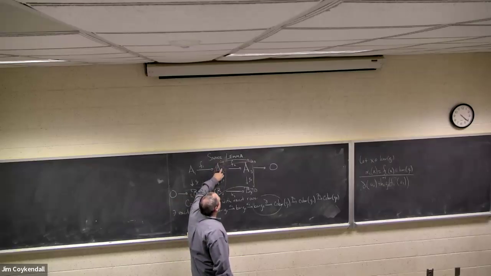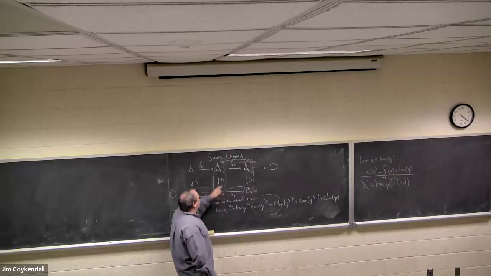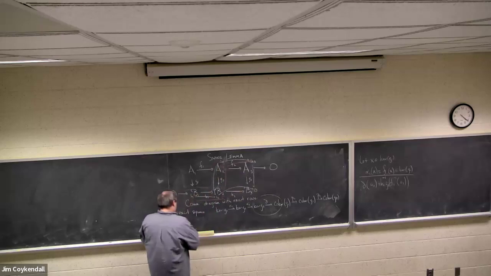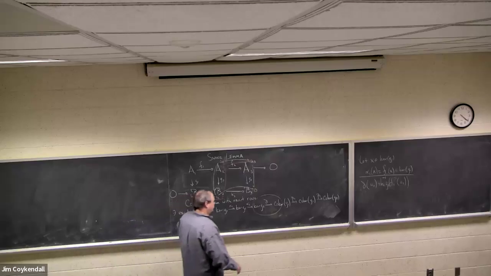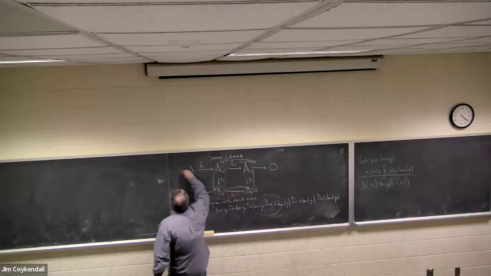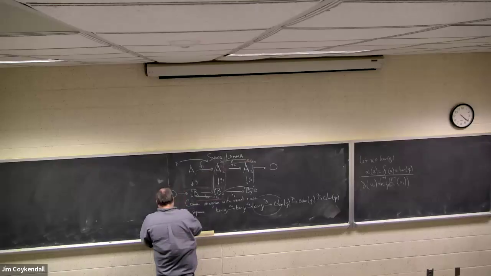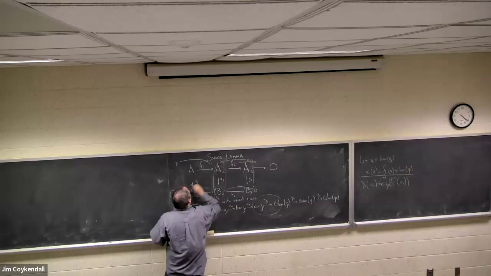A2 and A2 prime both go to the same animal over here. So their difference goes to 0. So there exists, call it X, X in A1 that goes to A2 minus A2 prime.